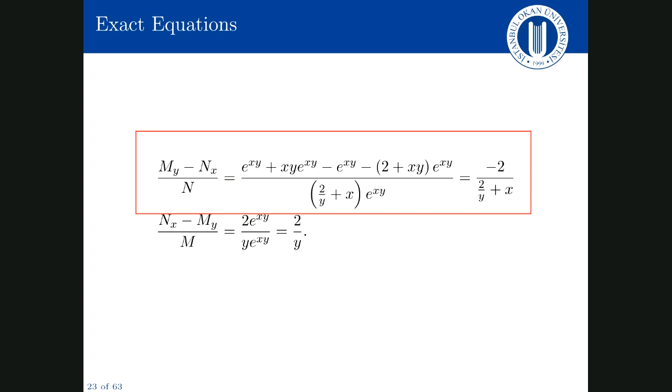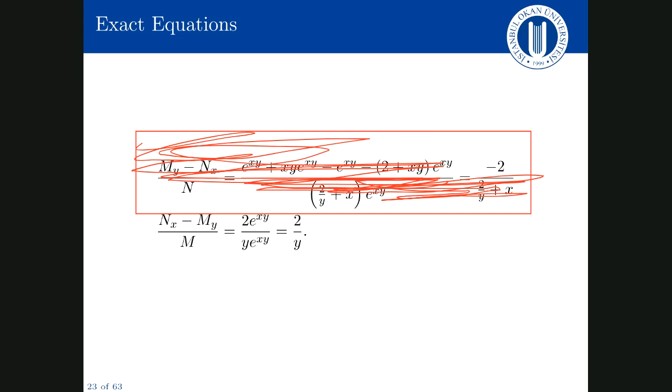In this function, we have x and we have y. We don't want this. We only want to have x. So we can't use this. This is no good. When we calculate (Nx minus My) over M, we get 2 divided by y. There's only y here. There's no x here. This is only a function of y. This is what we want. We're going to use this one.